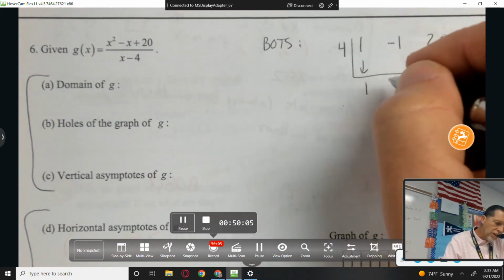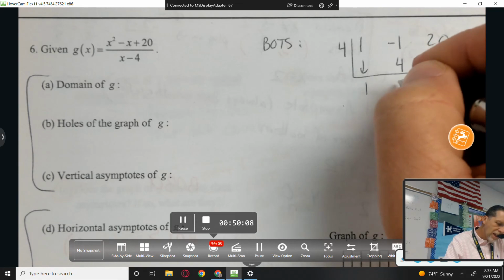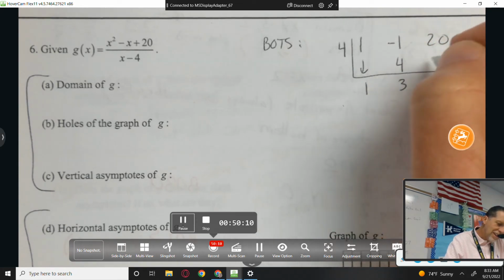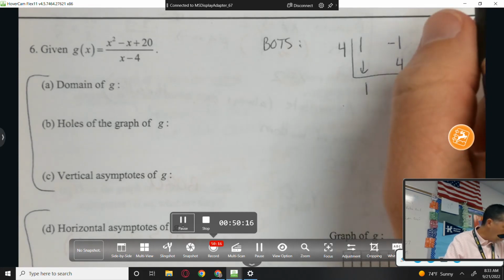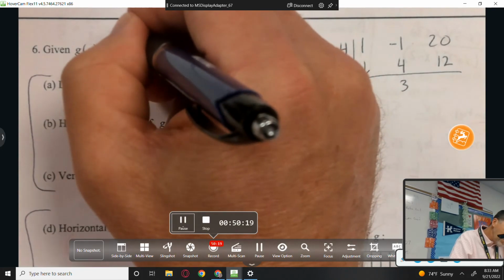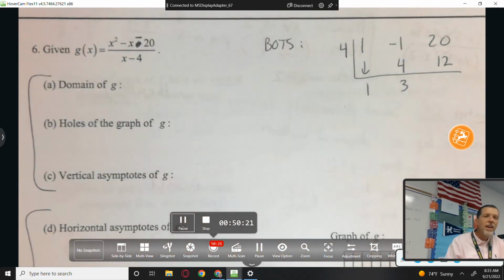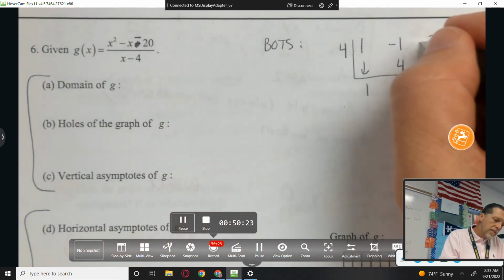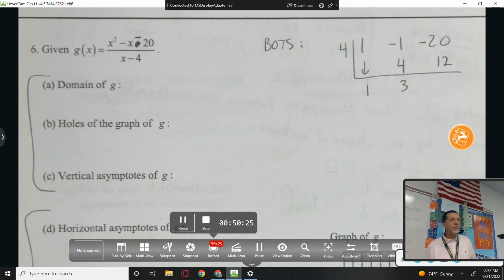Bring down the 1, multiply, add, multiply. What did I do wrong? Oh, I know what I did wrong. The problem's wrong. That's supposed to be a minus 20. That way it will factor in, everything will work out nice now.